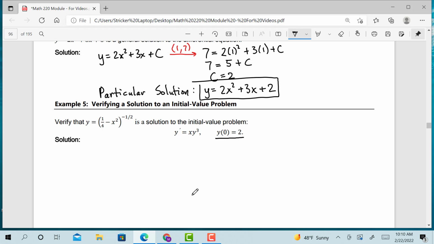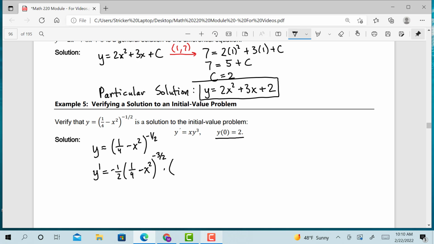Just like the example we did earlier, we also need to find the derivative. If we have y equals (1/4 minus x squared) to the negative 1/2 power, we need to find the derivative. For y prime, we have to use the chain rule here, so that power has to come to the front, negative 1/2. Keep the stuff on the inside. Then we subtract 1 from the power, which makes this negative 3/2 power. Then we multiply by the derivative of what we have inside.